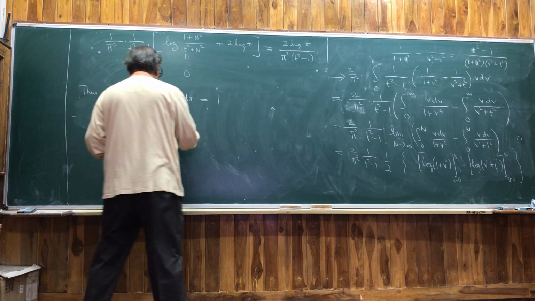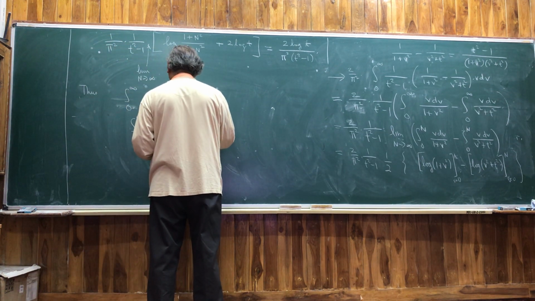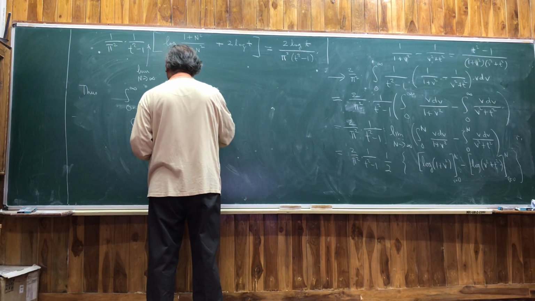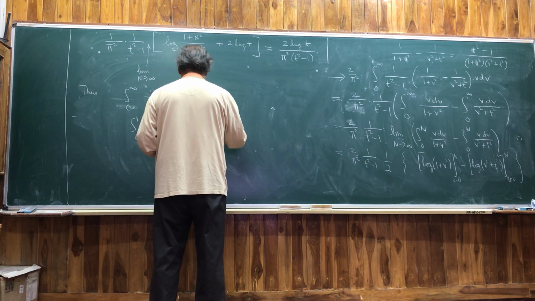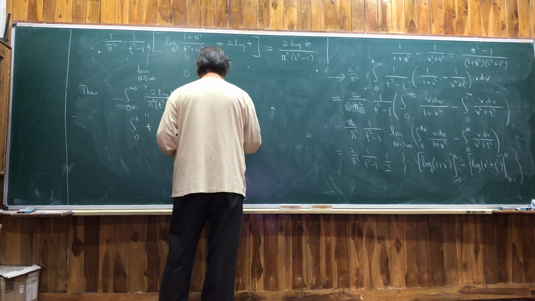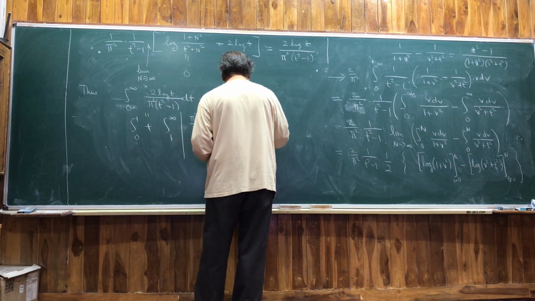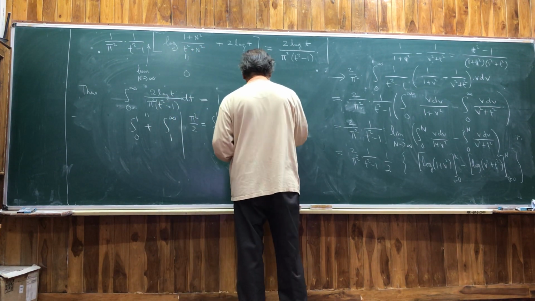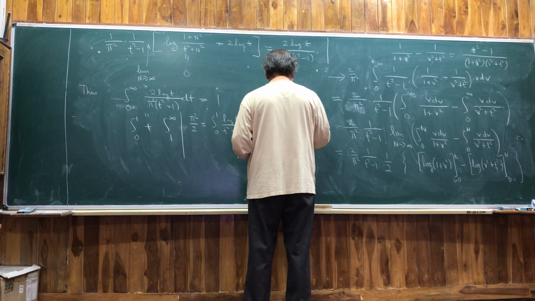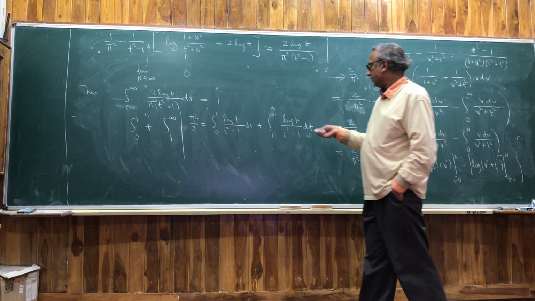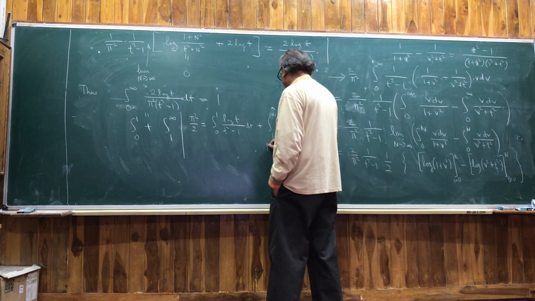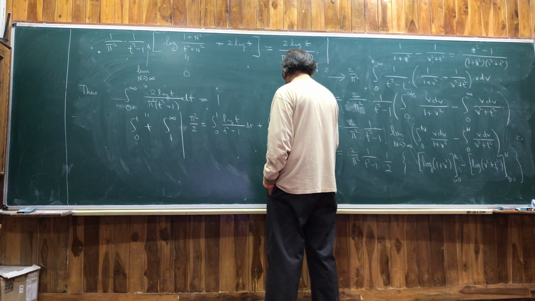Okay. So this comes out to be equal to, I hope I didn't make a mess with the pi squared over 2. So pi squared over 2 equals the integral 0 to 1 of log t over t squared minus 1 dt plus the integral 1 to infinity of log t over t squared minus 1 dt. Fortunately, this is fine. So in the second integral, put t equal to 1 over s.